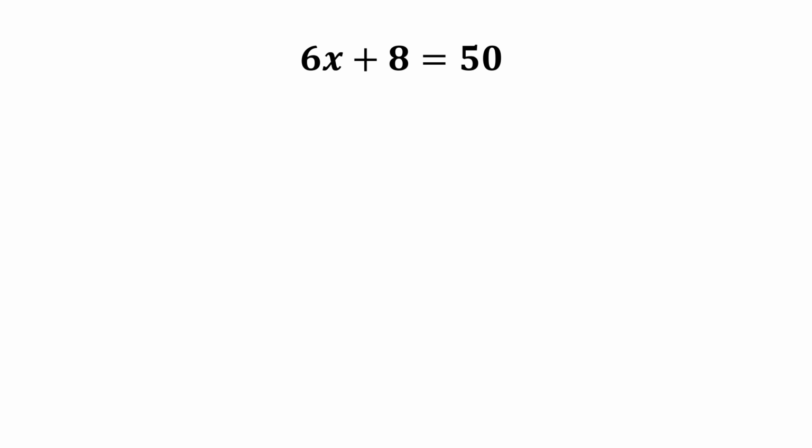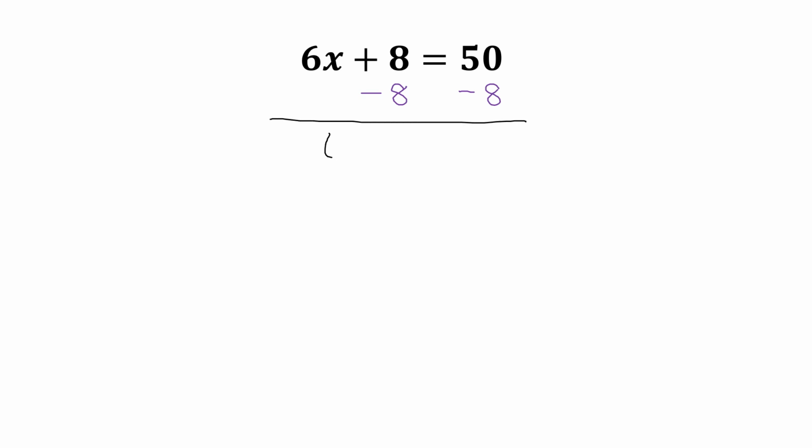6x plus 8 equals 50. Our first step is to get rid of any adding or subtracting that is taking place next to the variable. If I cover up the 6x for a moment, it's easy to see we have to get rid of adding 8. So the opposite of adding 8 is subtracting 8. And what we do to one side of the equation, we have to do to the other side.